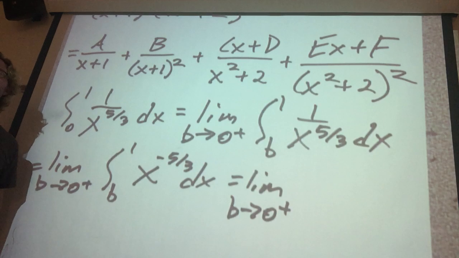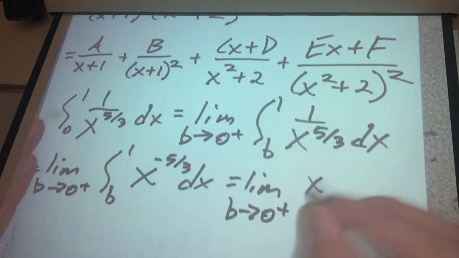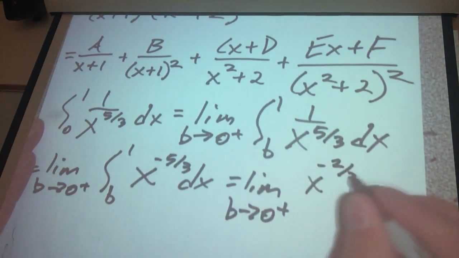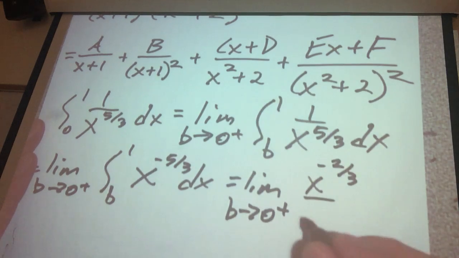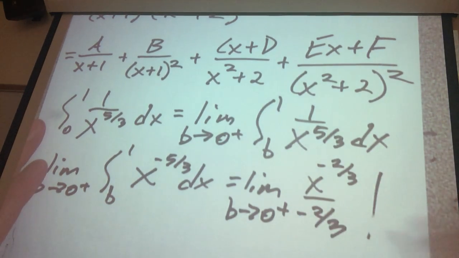So we have negative 5 over 3 plus 1. Because remember, it's x to the n plus 1 divided by n plus 1. And so x to the negative 5 over 3, negative 5 over 3 plus 3 over 3 would be negative 2 over 3. And so that would be x to the negative 2 divided by 3 divided by negative 2 divided by 3, evaluated at b and at 1.